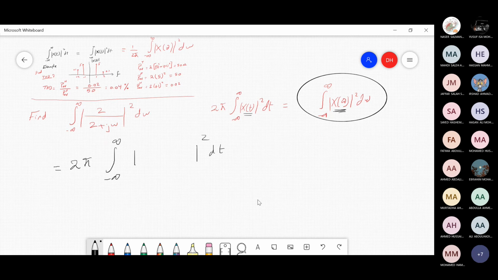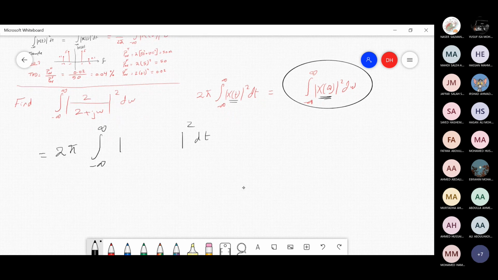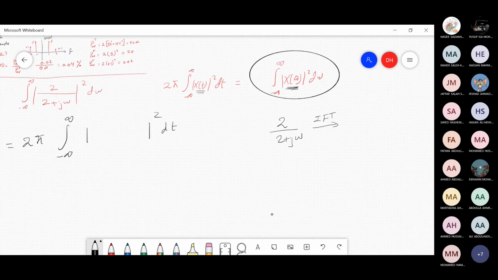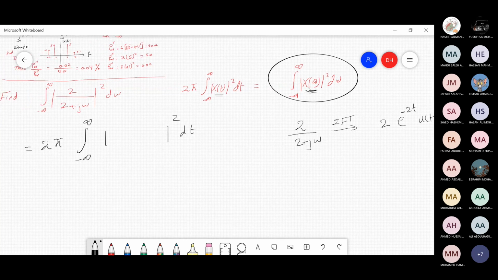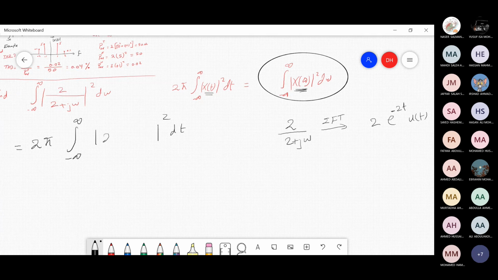We just need to find x of t. So if X of omega is 2 over 2 plus j omega, the inverse Fourier transform is e to the power of minus 2t u of t, and this is constant. So then I can remove X of omega and replace it with x of t. So then it is equal to 2 e to the power of minus 2t u of t.